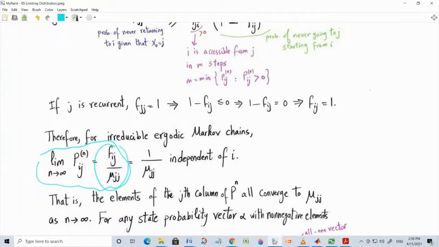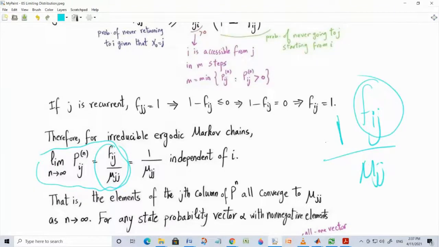The limit is f_ij, which depends on i and j in general, and mu jj. But for irreducible ergodic Markov chains, where the states are positive recurrent and also aperiodic, this f_ij is equal to 1. So the dependence on i disappears.